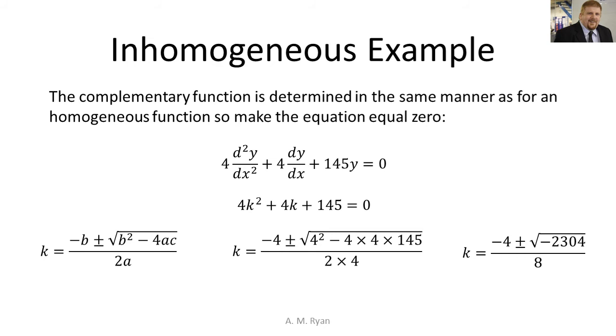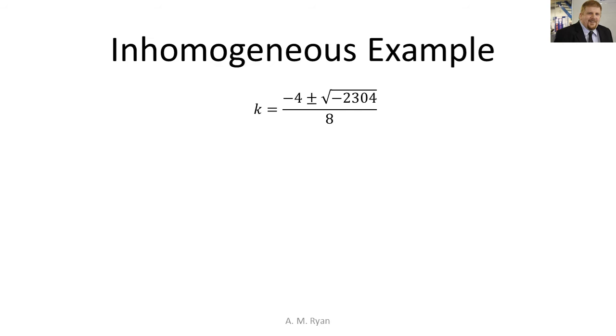So, if we have the square root of minus 2304, we acknowledge that in complex numbers, j for an engineer, i for a mathematician, but we're engineers, so let's use j, is the square root of minus 1.